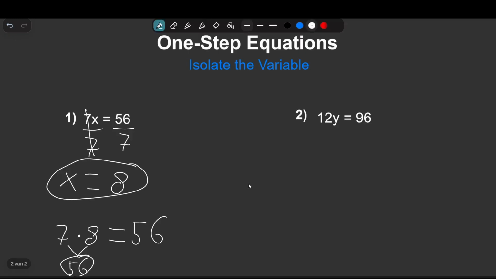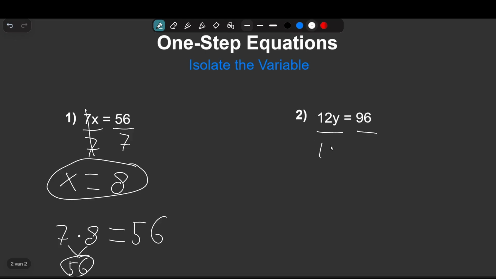Now let's go to the second example, where we have 12y equals 96. Again, we are dealing with multiplication here because we have a number next to a variable. So again, we're going to divide both sides by 12, and always divide by the number that is right next to the variable.